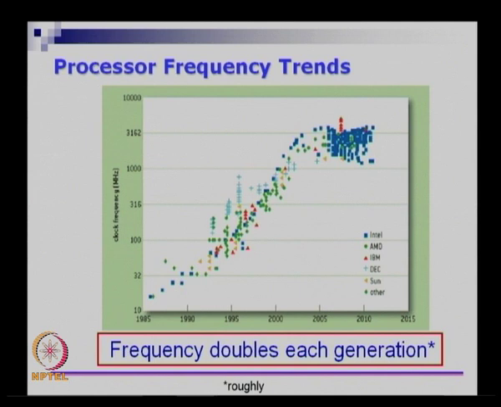Another trend that is useful to know and understand is the processor frequency trend. If you look at the frequency at which your desktop or laptop processors run, this has also roughly doubled every generation or so. So every 2 years or so the frequency doubled. What you see here on the y axis is not a linear scale, it is a logarithmic scale. So if I go one step here, it is double this number. If I go one step here, it is again roughly double the number and so on.